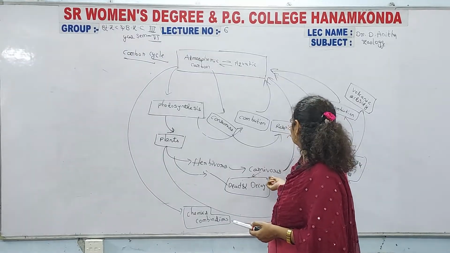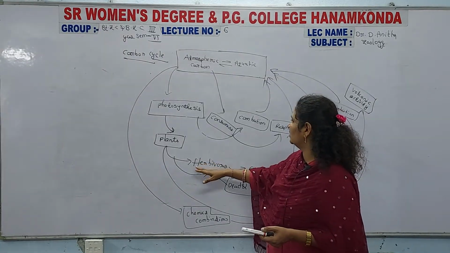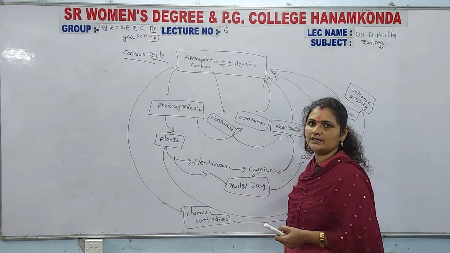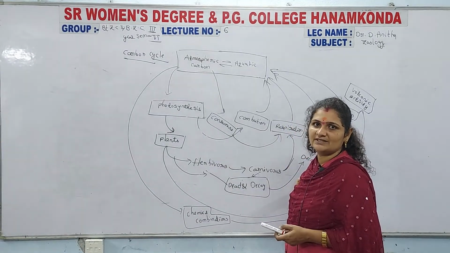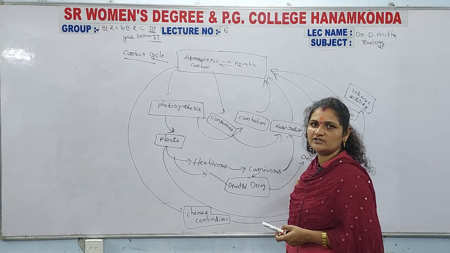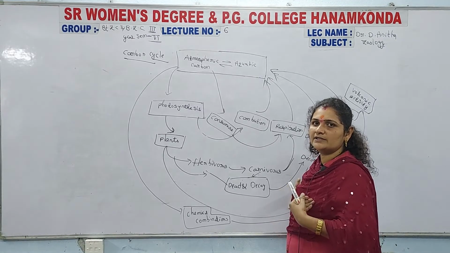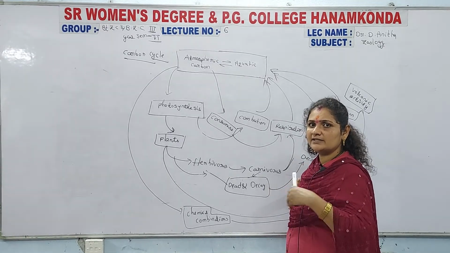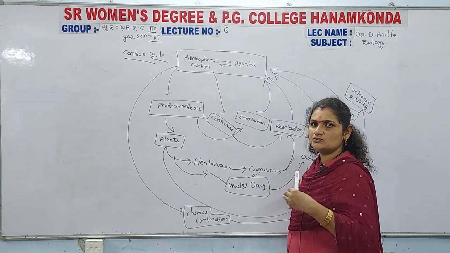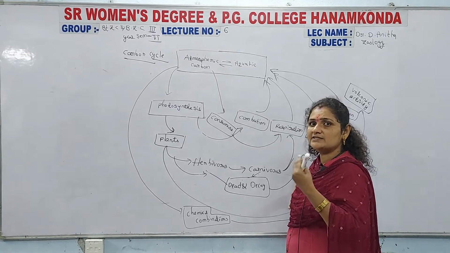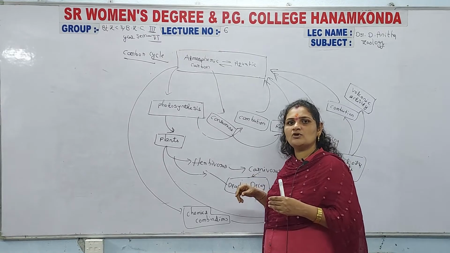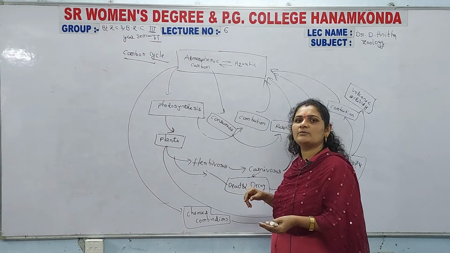Plants, herbivores, and carnivores all carry out the respiration process. At the time of respiration, all the organisms inhale oxygen and excrete carbon dioxide. So inhalation of oxygen and exhalation of carbon dioxide take place, which is the utilization of oxygen and the release of carbon dioxide.